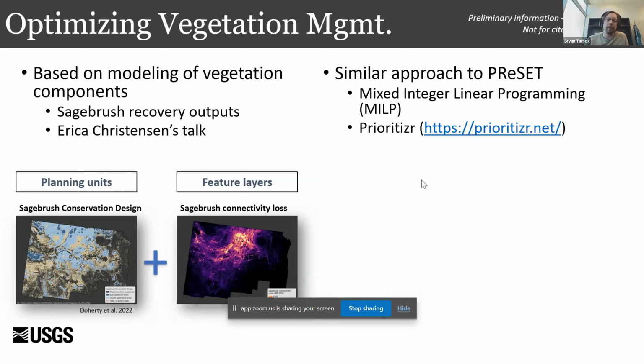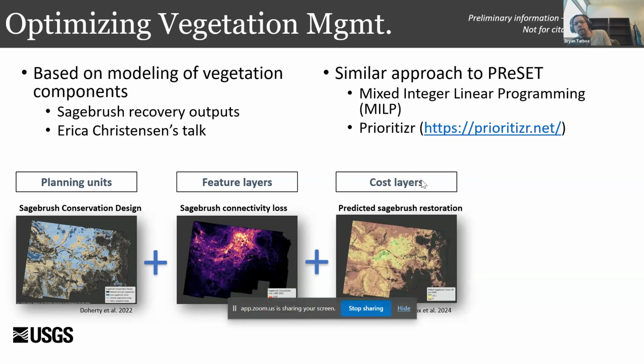You can bring in a bunch of different feature layers that can help you meet various conservation or restoration objectives. In this example, one of the things would be sagebrush connectivity loss. We have estimates of where sage connectivity was high in the past and where it's been lost over time, so we can target those areas. Then we bring in our cost layers, and this really guides the prioritization to areas where you're expected to have success.